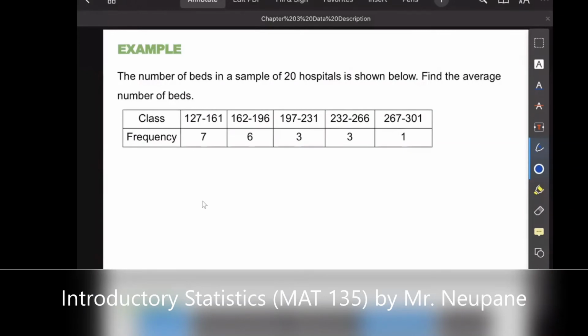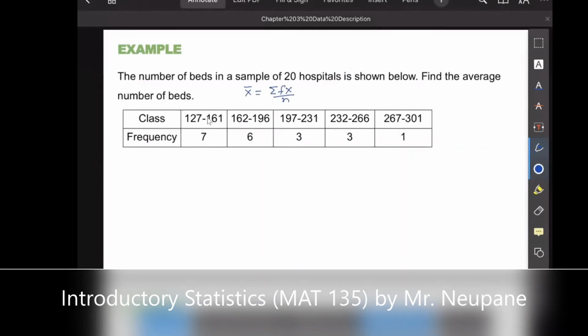Here also we have the group data, but it is a little different. In place of x, they have the class given. If you remember the formula for the mean of the group data, we had mean equal to sum of fx divided by n, but we don't have x here.